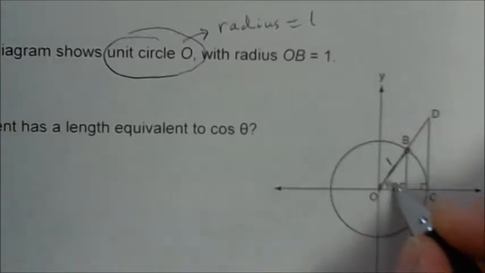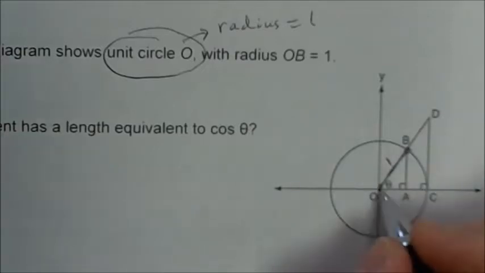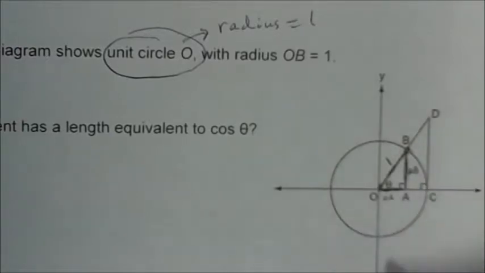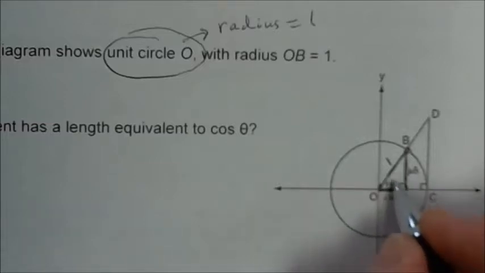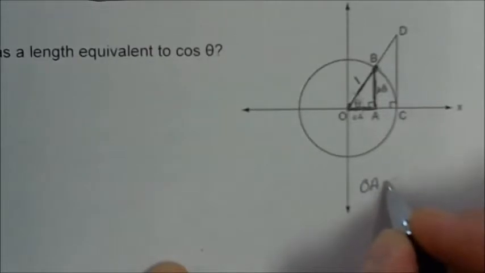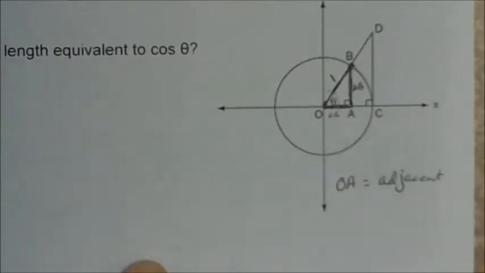Okay? Now we have a cosine of theta. Well, we have this line right here called OA. We have this line right here which is called AB. So this side of the right triangle, OA, according to this angle theta, OA is the adjacent side to angle theta.